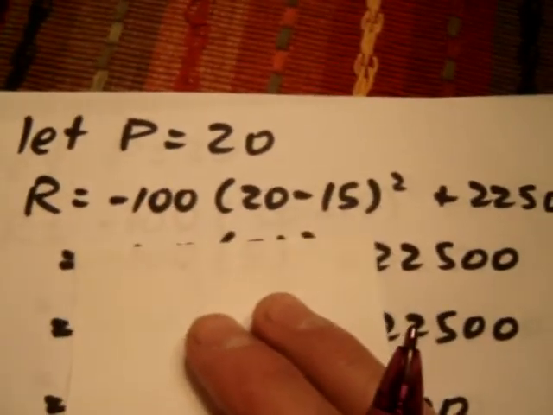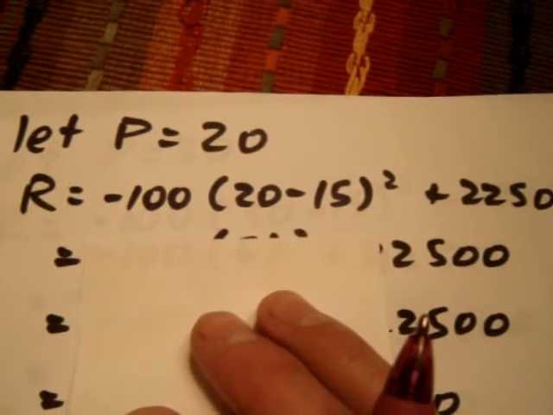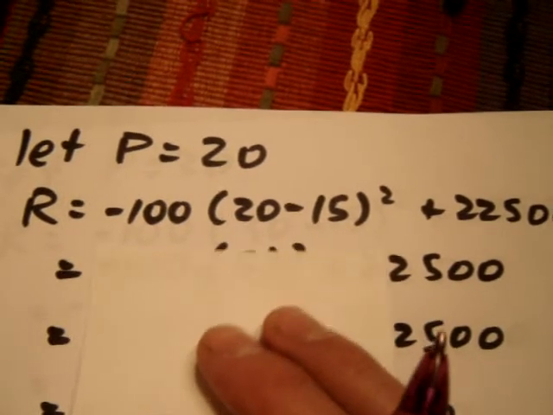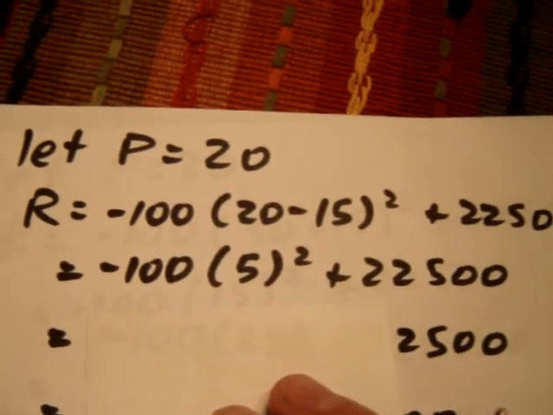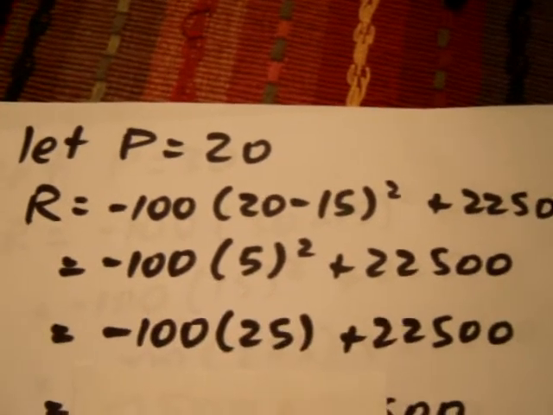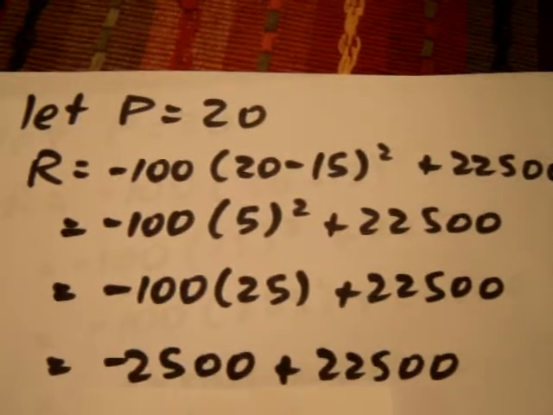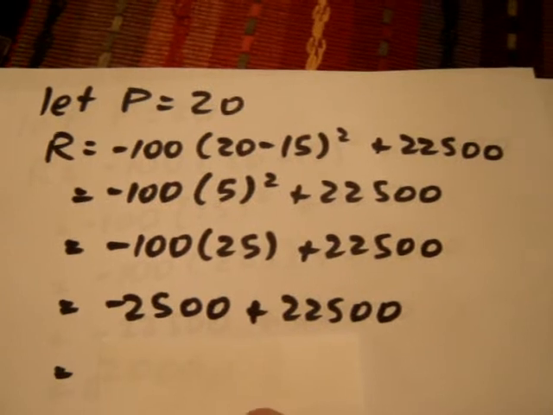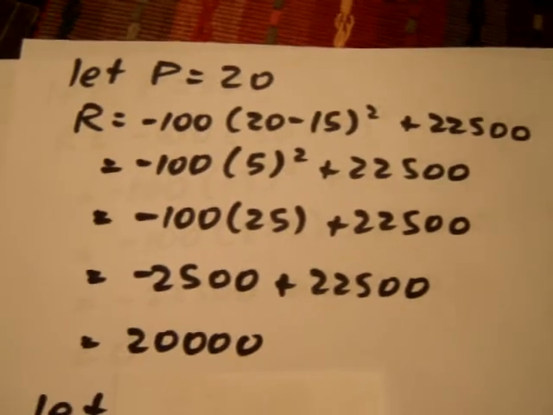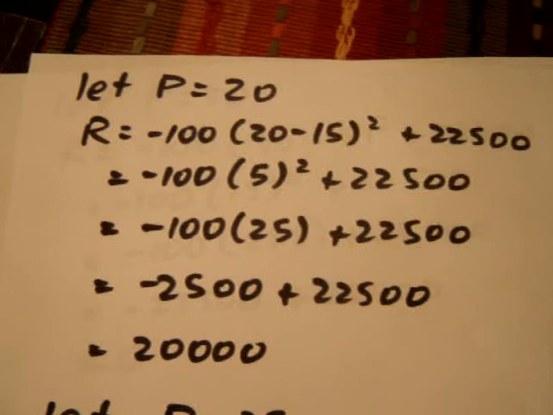And this is where it happens, when P equals 20. When the ticket price is $20, we get negative 100 times (5) squared. 5 times 5 is 25. When we multiply that by negative 100, we get negative 2,500 plus 22,500, and we get $20,000 for our revenue.